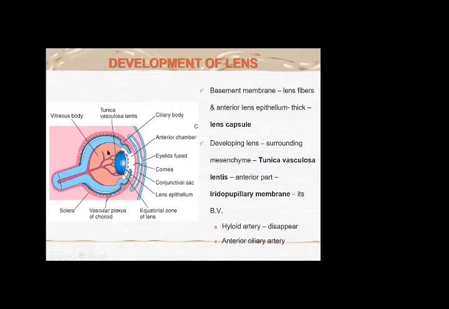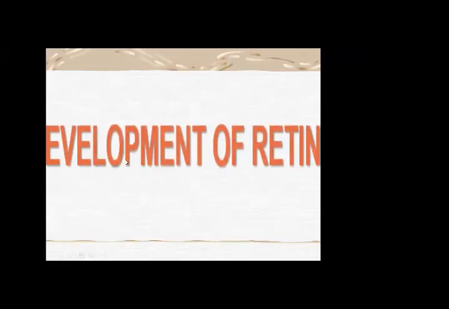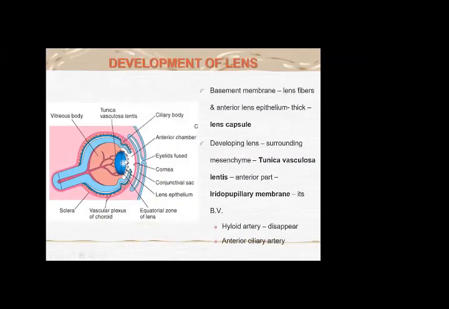So this mesenchyme all around the lens, on the posterior aspect, develops into the tunica vasculosa lentis, this one, and on the anterior aspect, this same mesenchyme develops into the iridopupillary membrane and the blood vessels associated with the iridopupillary membrane.